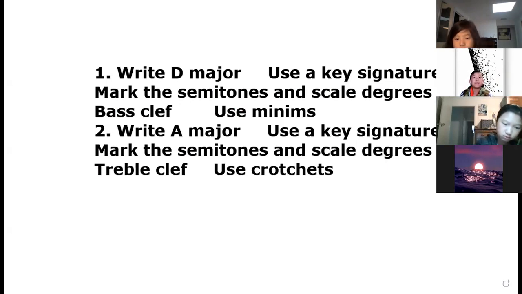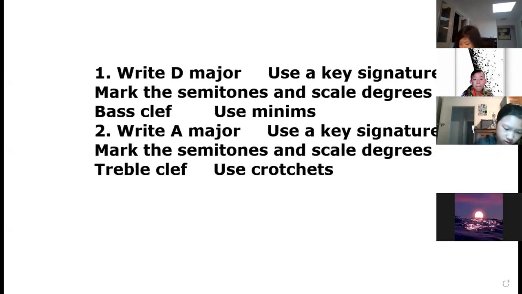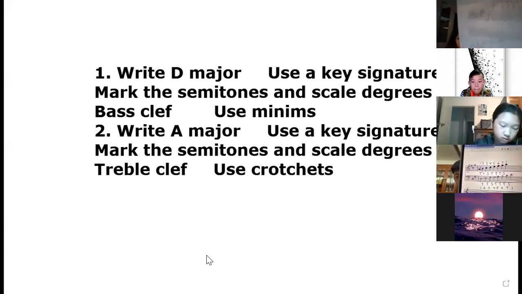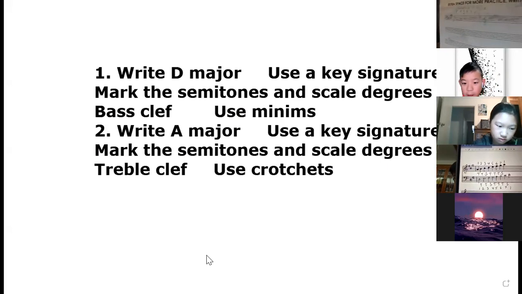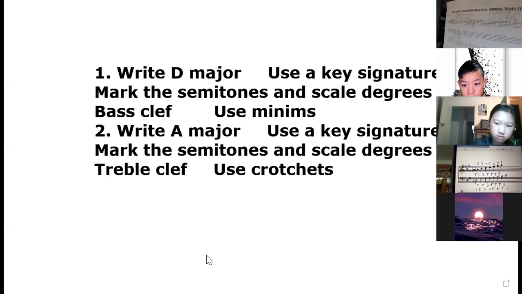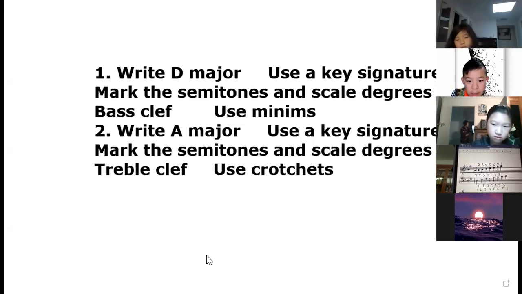Is anyone finished? Okay. So Hamish, your bass key signature is not quite right.